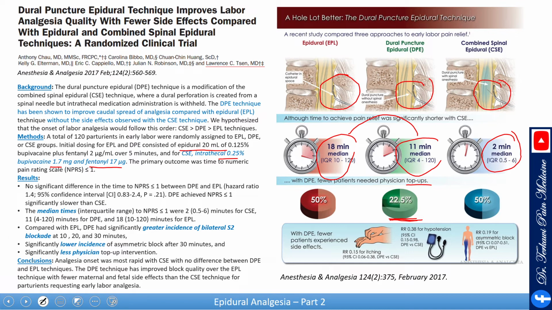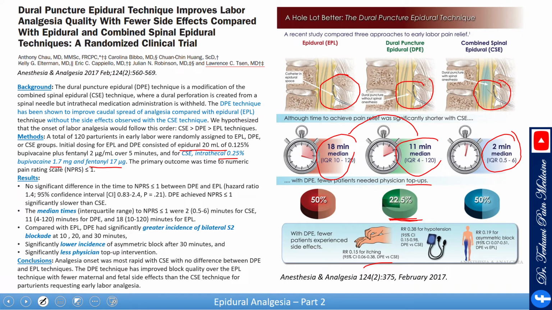What's even more interesting is a greater incidence of bilateral S1 blockade with the dural puncture epidural than the classic epidural. There is a significantly lower incidence of asymmetric blockade after 30 minutes, and significantly less physician top-up intervention, and fewer side effects like itching than combined spinal epidural. So I'm a big fan of this technique.